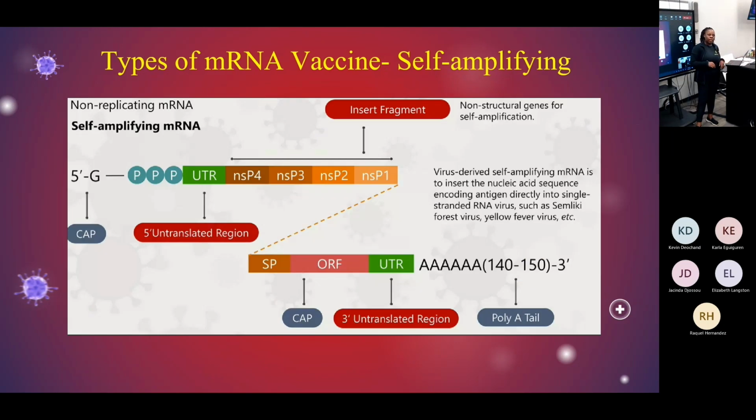And then we have amplifying mRNA vaccines that are based on alpha viruses, and they amplify the genome response and encode mRNA by mimicking viral infection. And so this results in sustained levels of combined immune and innate immune response. And so this leads to prolonged antigen-specific humoral and cellular immune response.